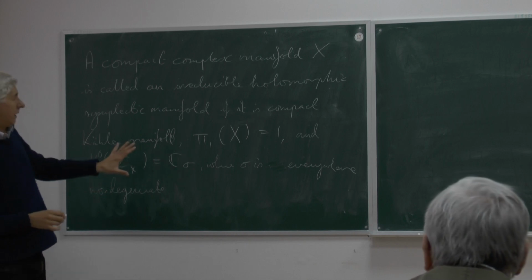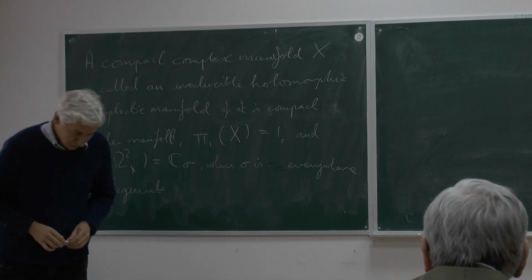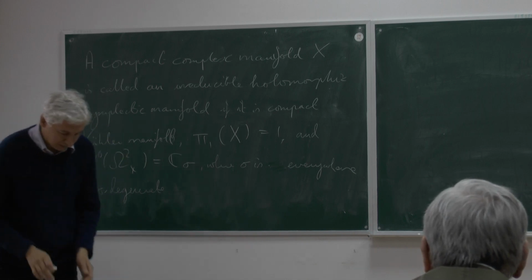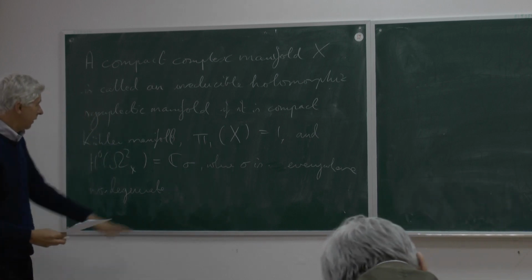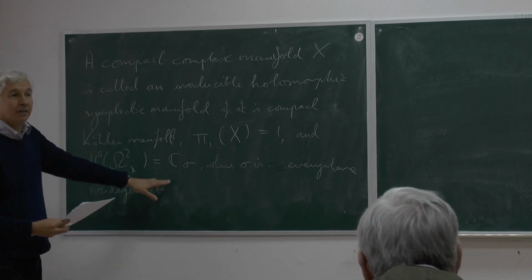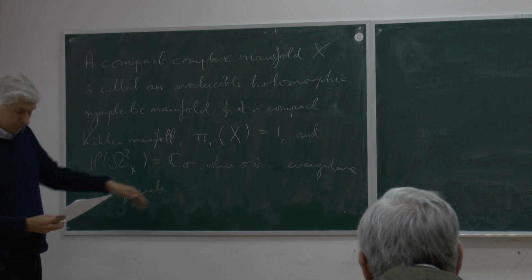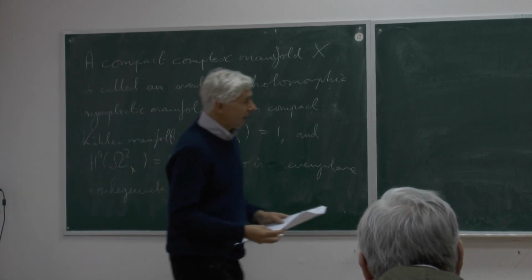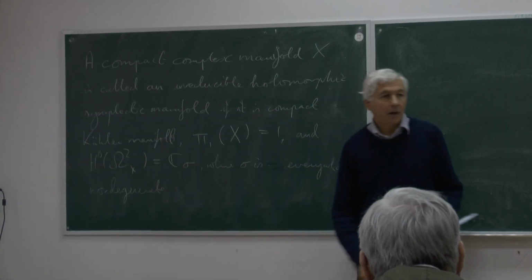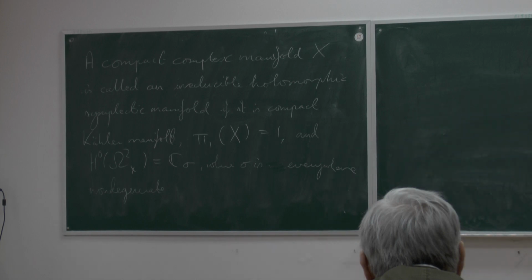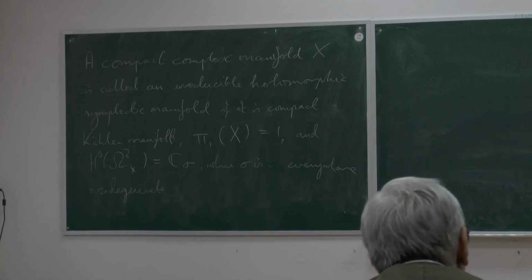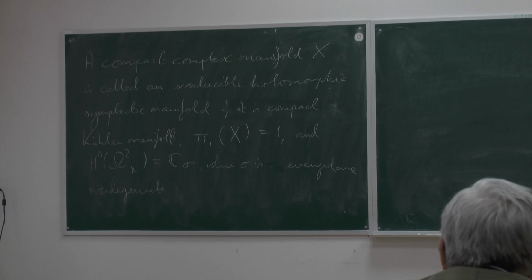So that's a class of manifolds. In particular, because of this, these are K-trivial manifolds. And the other thing is, because I've got non-degenerate symplectic forms around, the complex dimension here is even.